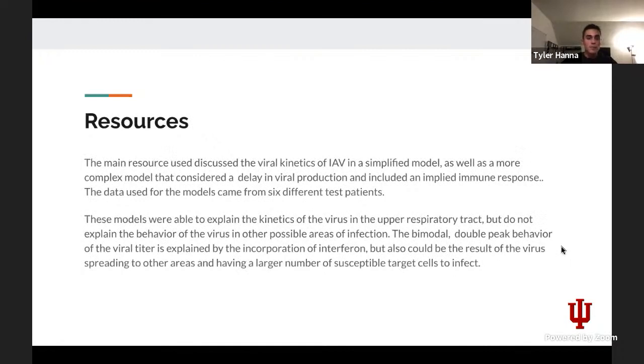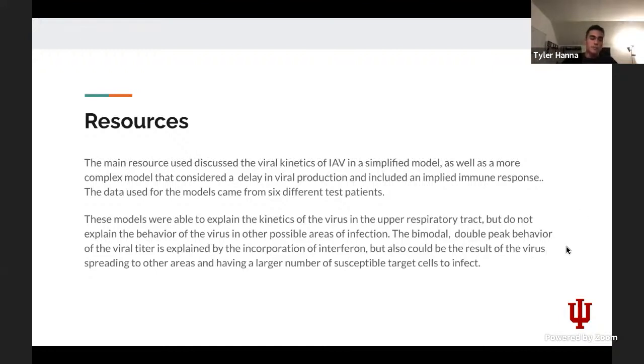The main paper I used uses a fairly simple model of infection. It's basically a very simple SI model, and it builds on complexity throughout to consider our immune response.